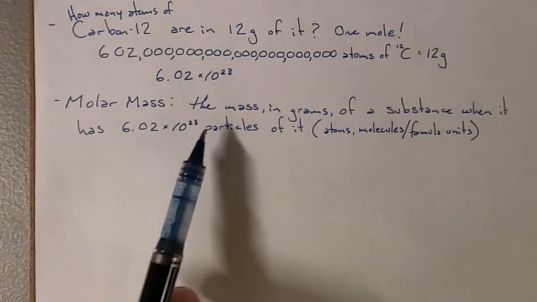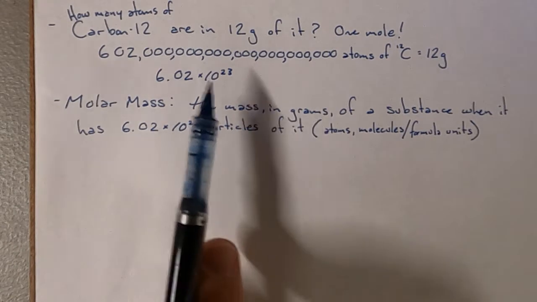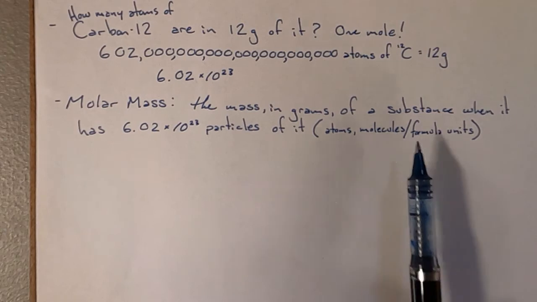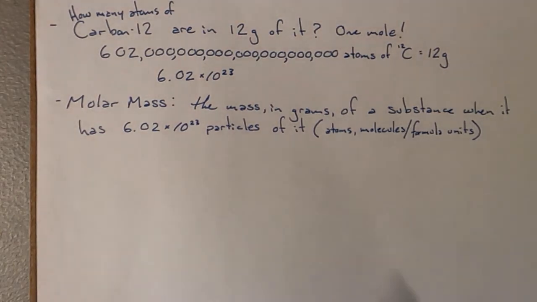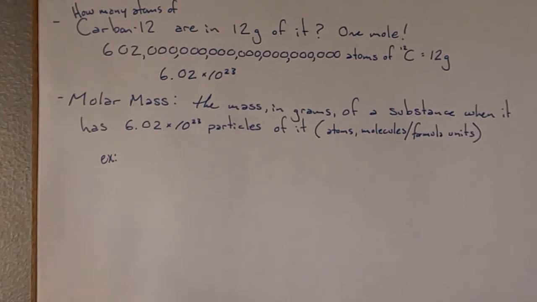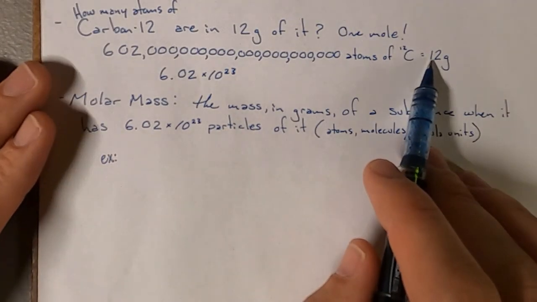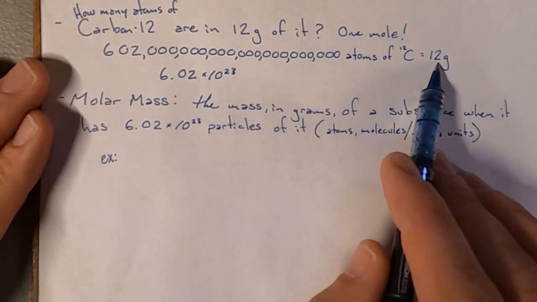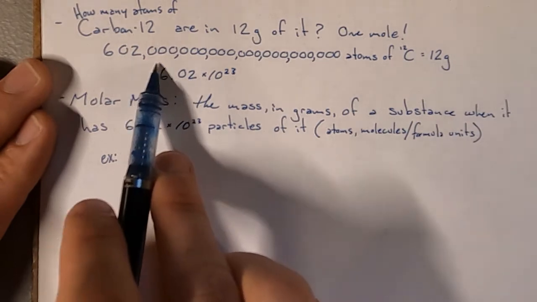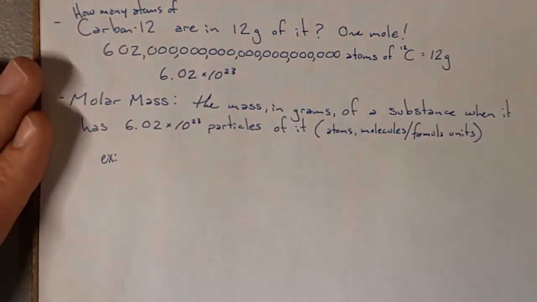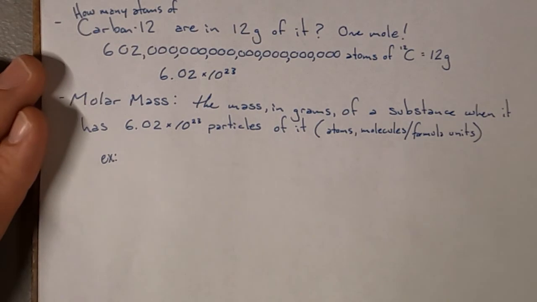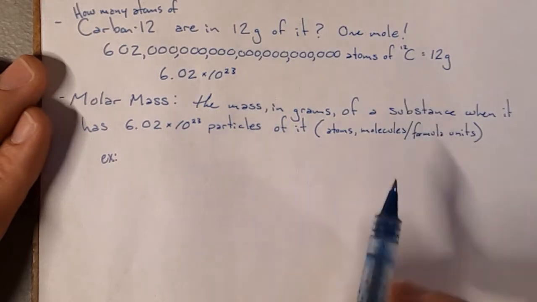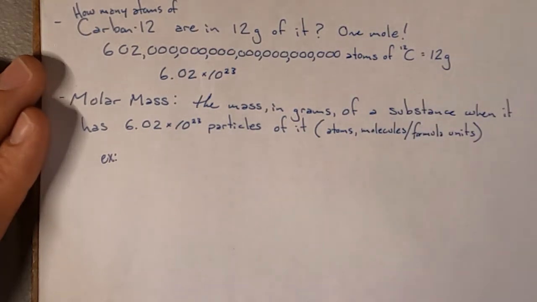So the molar mass is how many grams of a substance has this many either atoms or molecules/formula units for a compound. So for example, the atomic mass of carbon is 12. And so in 12 grams of carbon, there are this many atoms of carbon. For all elements, the number of atoms, this number, 1 mole of atoms, is equal to their atomic mass in grams listed on the periodic table.